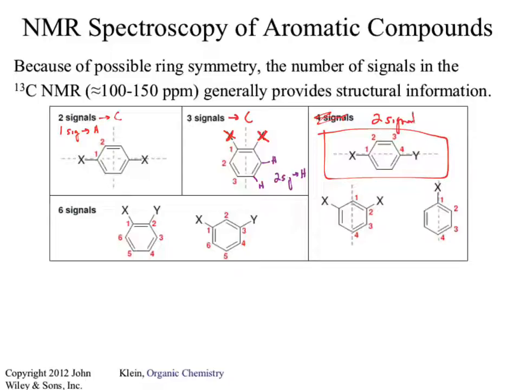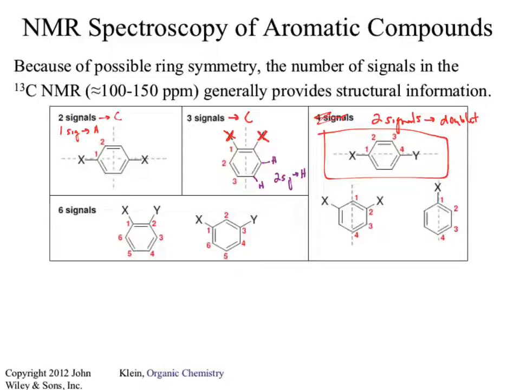It's a little bit better than that. What would those 2 signals do as far as their splitting? They each have one neighbor, which means I get 2 signals, and each of those signals splits into a doublet. We get 2 peaks.